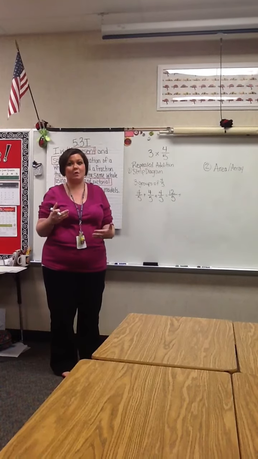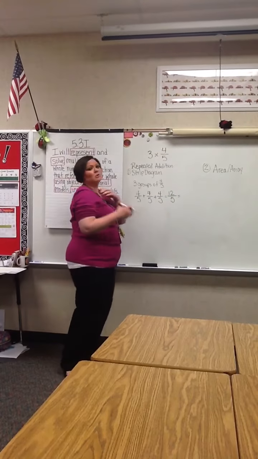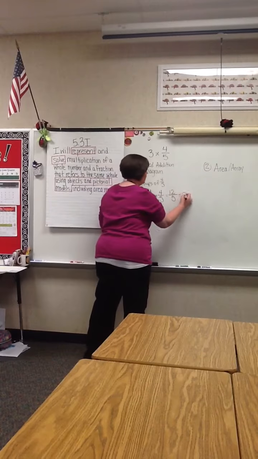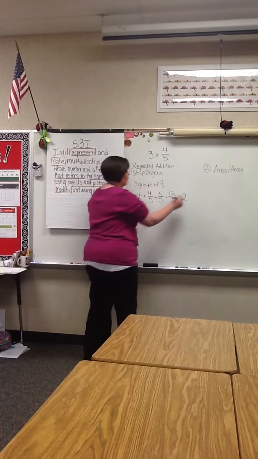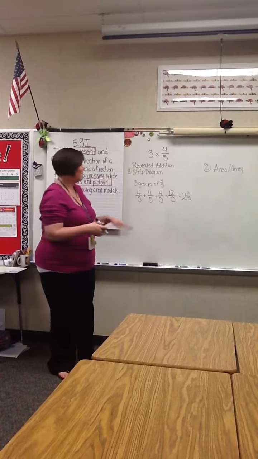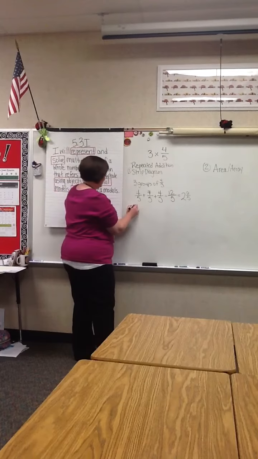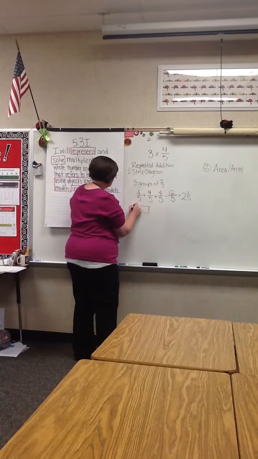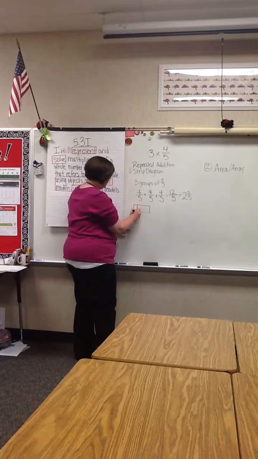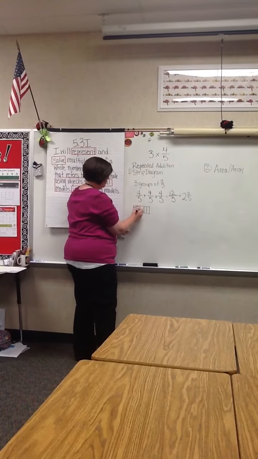Now your students will tell you, that's great, we got an answer, but we have to make sure it's in simplified form, which means we have to change the improper fraction to a mixed number. The kids are really good at doing this. They know that 5 will go into the 12 2 times with 2 of the 5 pieces left over. Now how you do it with the strip diagram is you take a strip and split it into 5 parts. That's your denominator. And you're going to shade in 4.